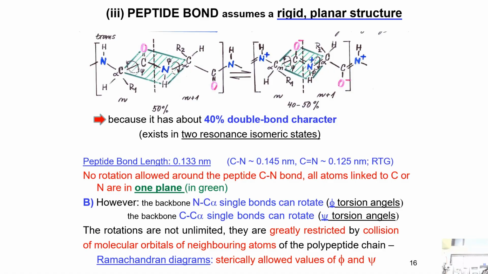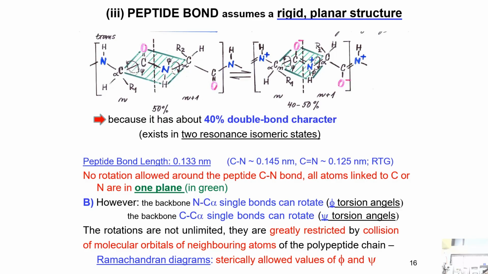Now, the peptide bond assumes a rigid planar structure because it has about 40% double bond character that exists in two resonance isomeric states. Peptide bond length, no rotation allowed around the peptide C-N bond. All atoms linked to C or N are in one plane.